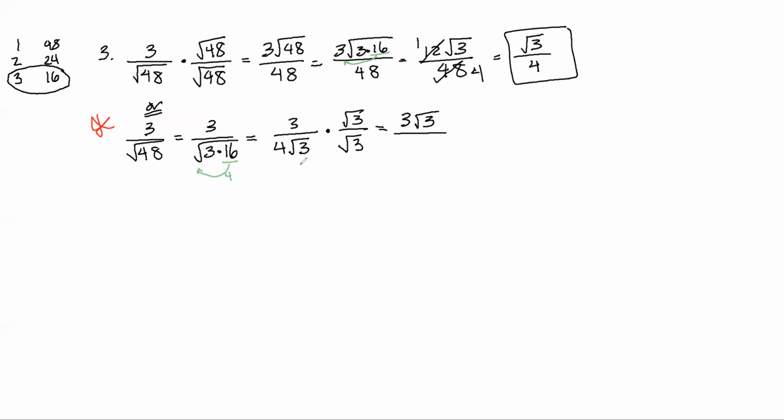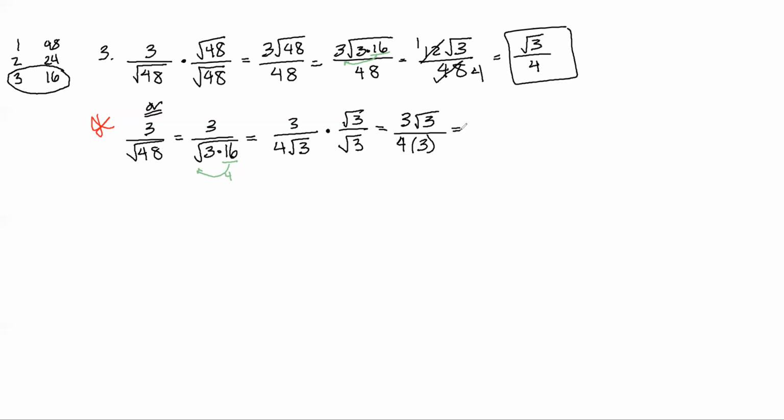Across the top, we're going to have 3 times the square root of 3, so 3 root 3. On the bottom, now this 4 is a whole number. There's no radical around it, so I'm going to leave that. And then we have the square root of 3 times the square root of 3. That is 3. Now you do have to remember to multiply that by the 4 that was out in front.